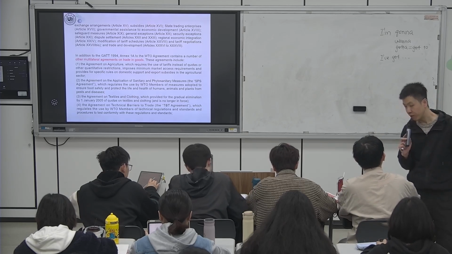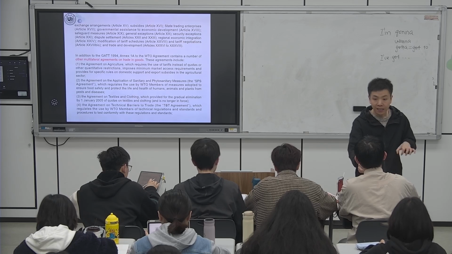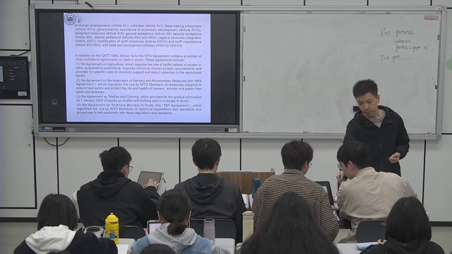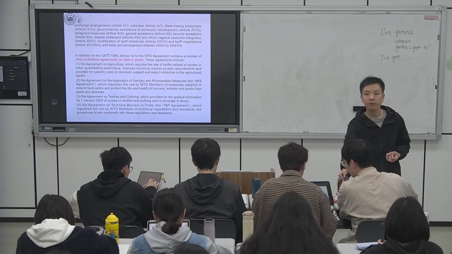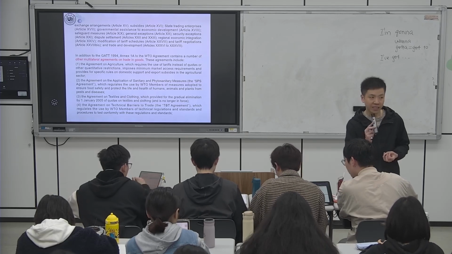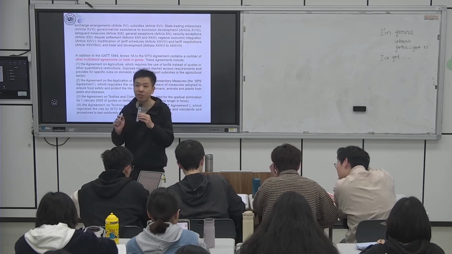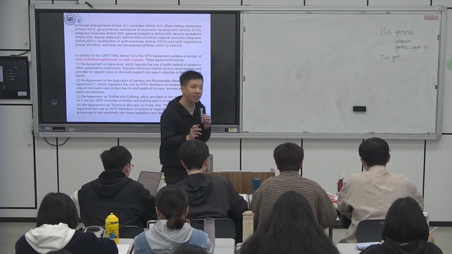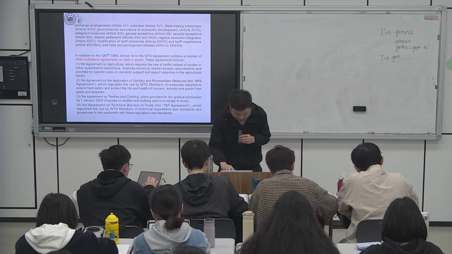The main source, the principal source. The Marrakesh Agreement establishing the World Trade Organization. Exactly. Thank you. The principal source of WTO law is the WTO agreement, and its full name is the Marrakesh Agreement establishing the World Trade Organization. That is the principal source of WTO law.